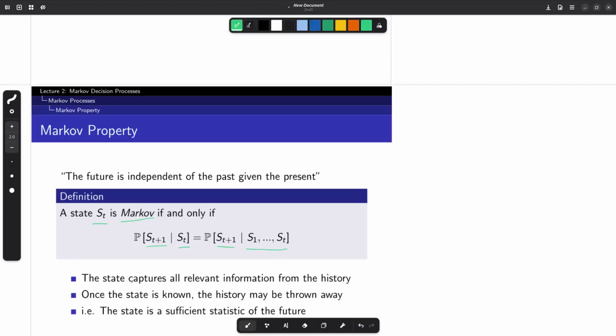So your state has all of the relevant information that you are going to need to predict the behavior of the environment.